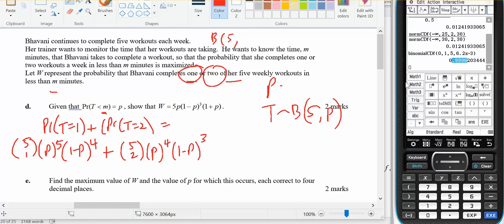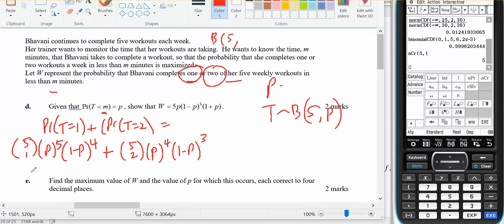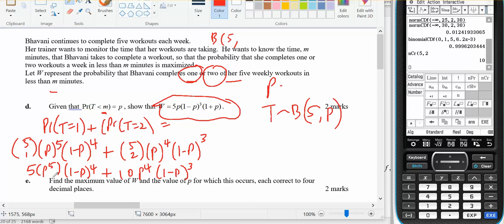And on my calculator, if I go down, advanced, is my nCr, 5 choose 1, that's 5, so that's 5p, 1 minus p to the 4, plus 5 choose 2 is 10, p squared, 1 minus p to the power of 3. Now, I'm looking for this. I'm thinking I'm going to have a common factor of 5p.